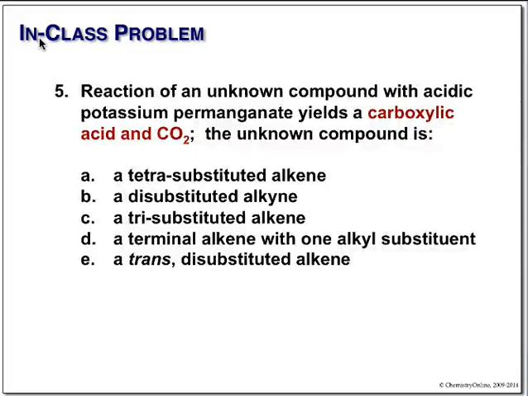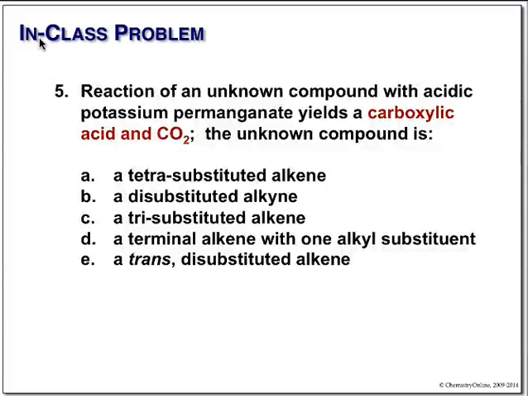This is a cute question. You have an unknown compound. We dump in acidic potassium permanganate. We wind up with a carboxylic acid and CO2. Now what we're doing with the acidic permanganate is we're cleaving either a double or a triple bond, right?